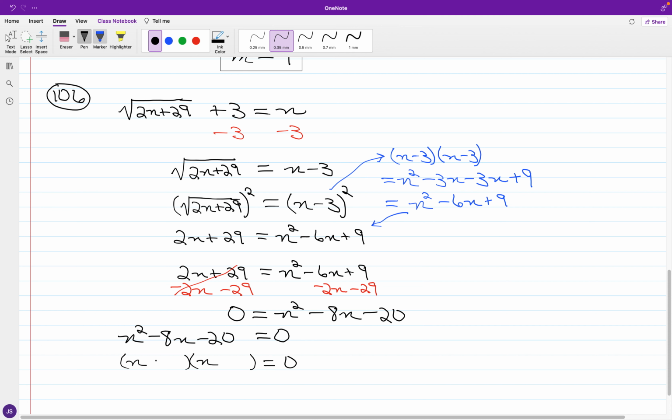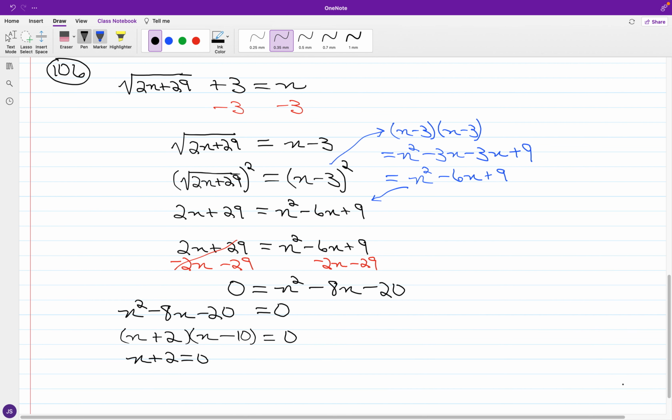In this case, we have more weight applied to the subtraction than to the addition. So we have n plus 2 and n minus 10. Setting each of the factors to 0, we have an apparent solution at -2, and from n minus 10, we have the other possible solution at 10.